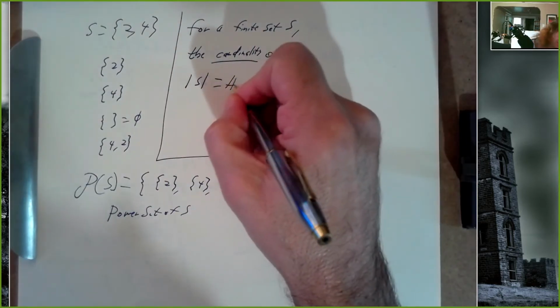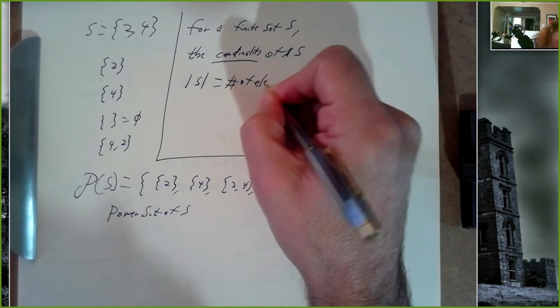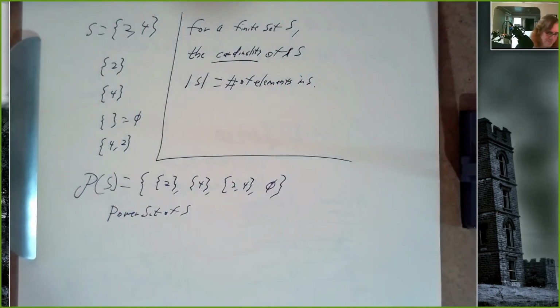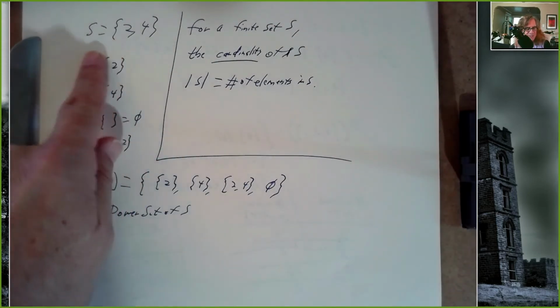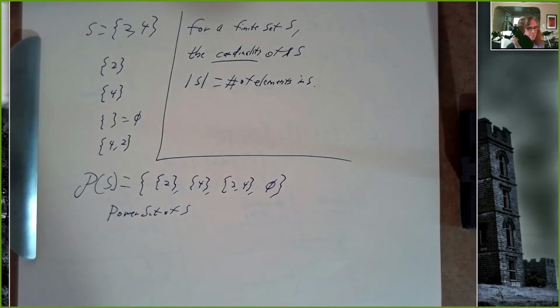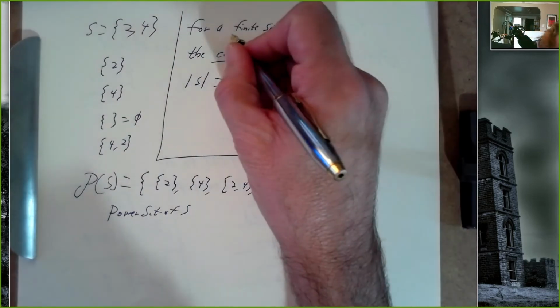This is just the number of elements in S. So if S looks like this, the cardinality of S is 2 because it has 2 things inside. So it's a fancy sounding term for describing how much stuff is in your set. But this only works for finite sets.